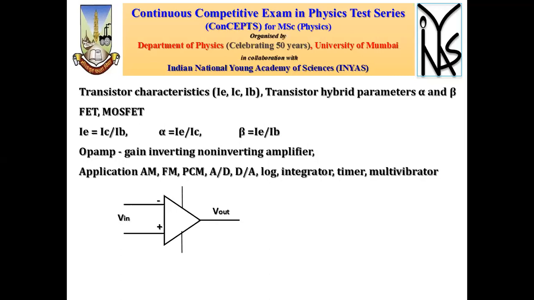If you apply higher values to the inverting terminal, it will change the polarity and saturate in that direction. So if you apply a negative higher magnitude voltage to the inverting terminal, the output will saturate to positive. So it will give phase inversion. If a positive magnitude input is given to the inverting terminal, the output will saturate to the negative saturation value.